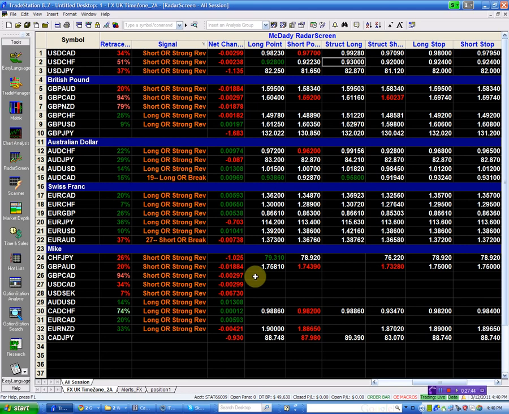This is where they're targeting. The 93 is like the magnet that's pulling the price from the 92.80. So at the minimum, this is how far it's going to go. And if it gets to the 93, it should explode.